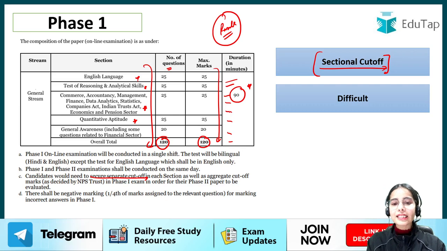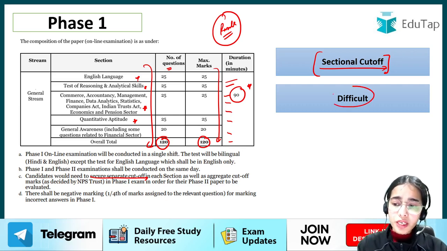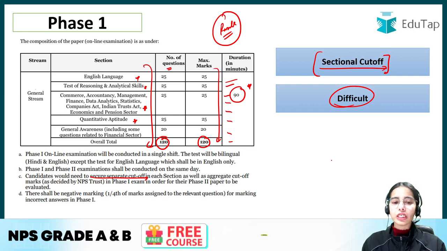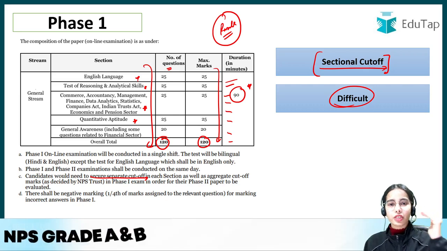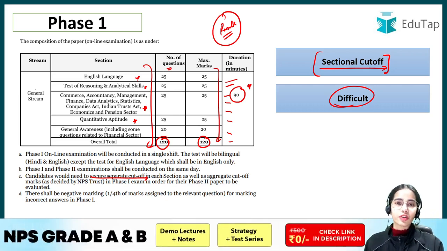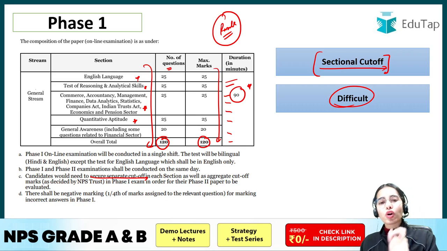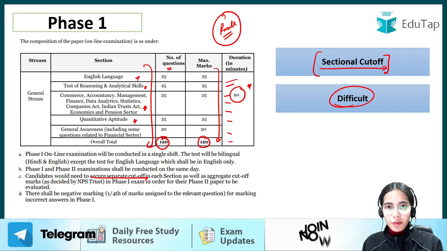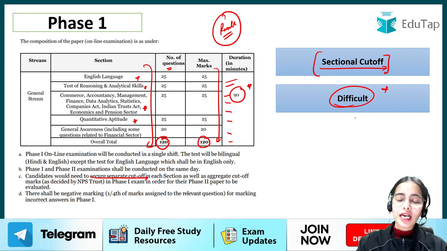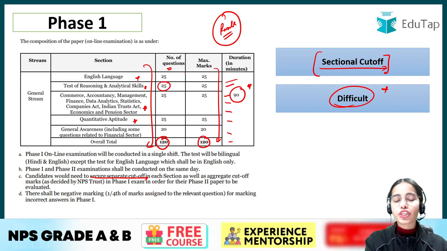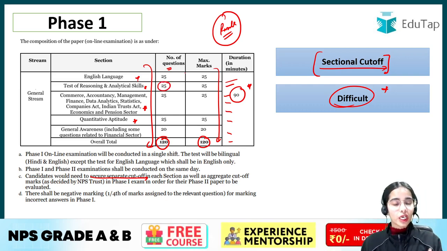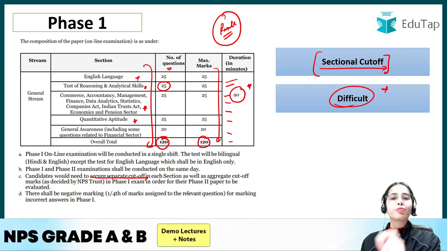Okay, next, difficulty. There might be some questions that are very difficult, and let's say you are just starting with reasoning and you see the first question is difficult, the second question is difficult, the third question is difficult. Do not let your confidence go down, because if the questions are difficult, they are difficult for all of the students. It's not that if there are 25 questions in reasoning, all will be difficult. No, there will be some easy questions and some moderate questions.